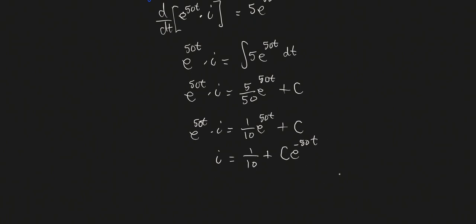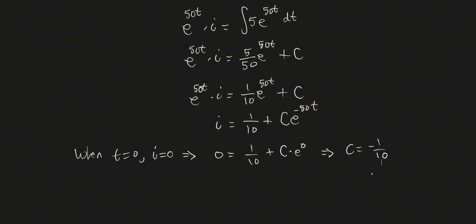So this is our general current function. But we know that when t is equal to 0, I is equal to 0, because the condition said there was no current initially. So we have 0 equals 1/10 plus c times e to the 0. So c would have to be negative 1/10.